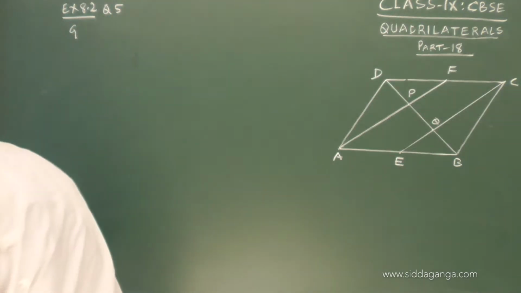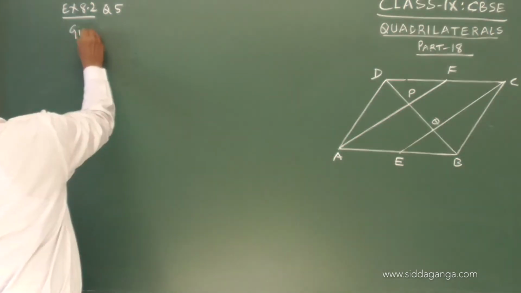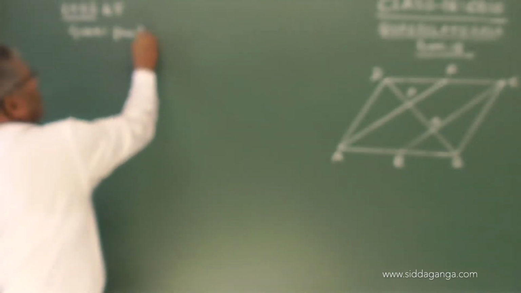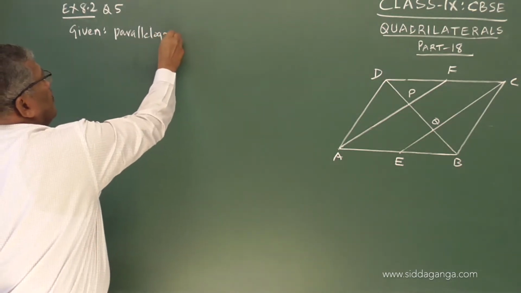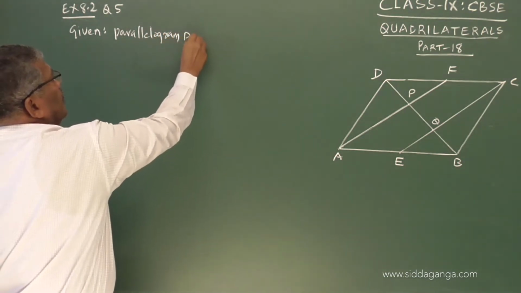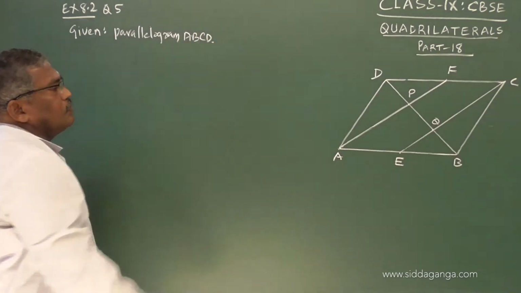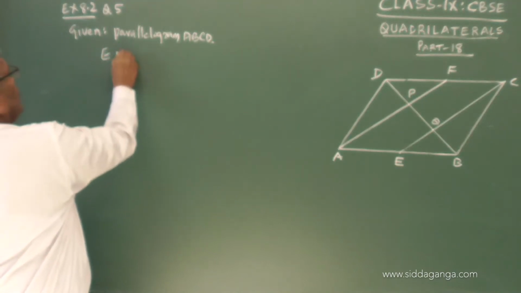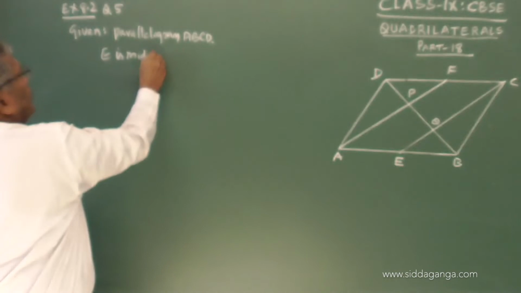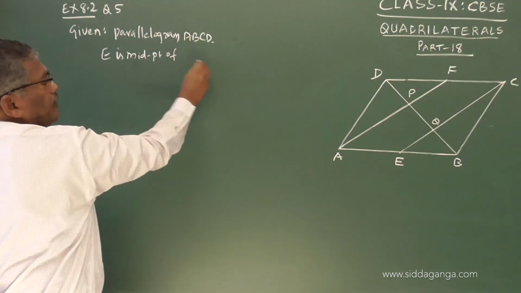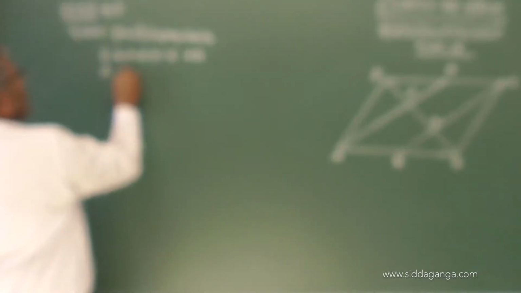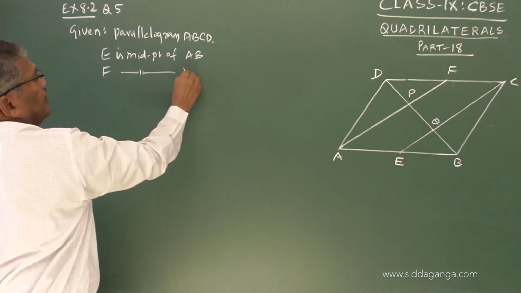Given ABCD parallelogram wherein E is midpoint of AB and F is midpoint of DC.